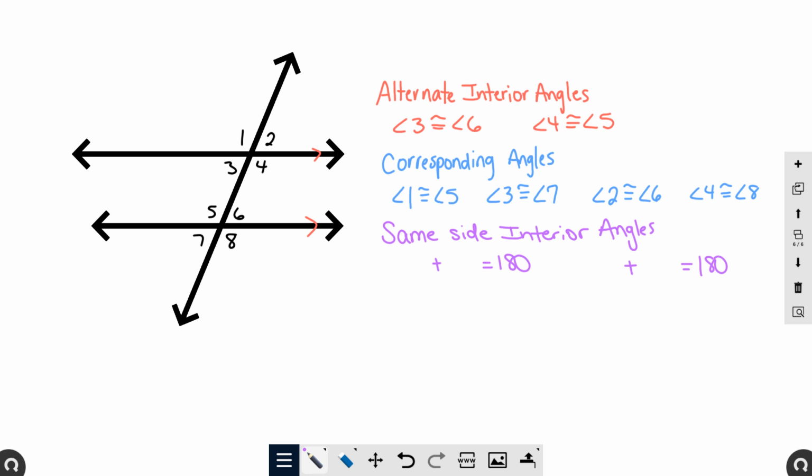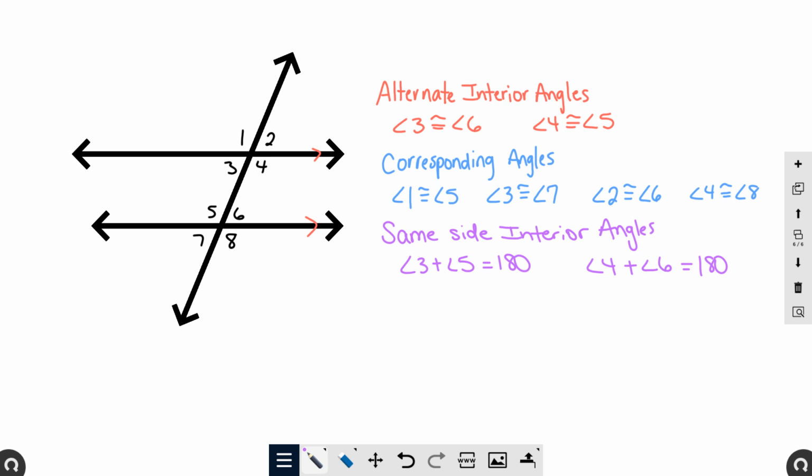And those 2 are, very good, angles 3 and 5 and angles 4 and 6. And remember, those are supplementary. So a lot of times I will say same side supplementary, same side supplementary, because the rest are congruent. Okay? Those are the 3 types we went over yesterday. And the things that you need to know about them are how to identify them, so which one is which, what pair belongs to what, and knowing if they're congruent or supplementary.